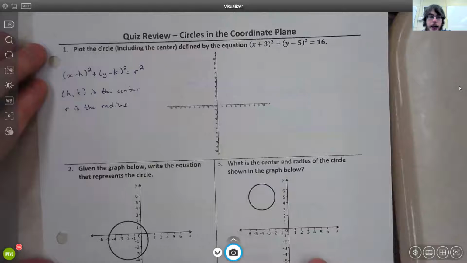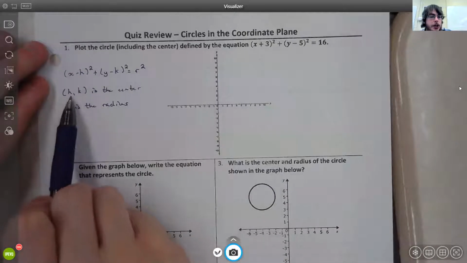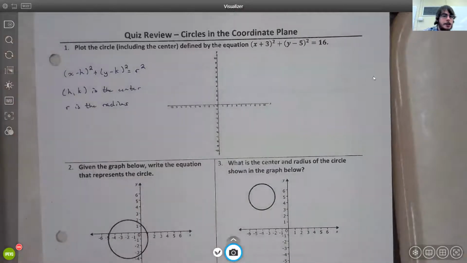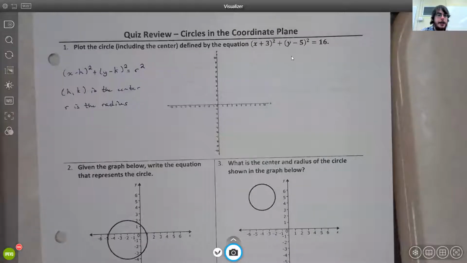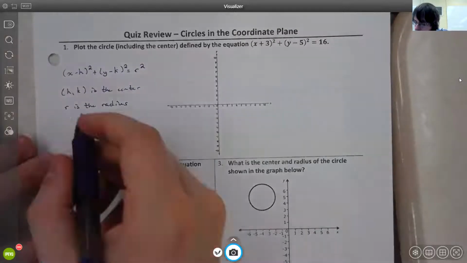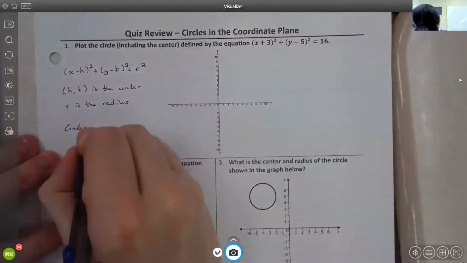Okay, now take note that the center always has opposite signs to what those are in the equation. Okay, so center has opposite signs.